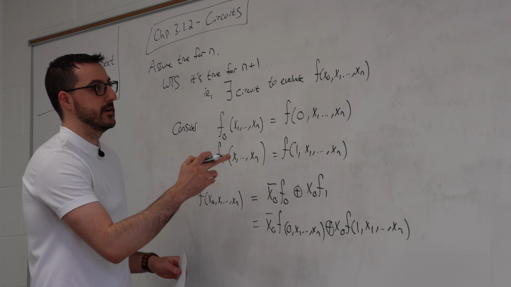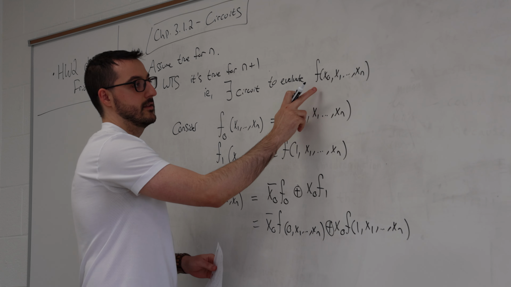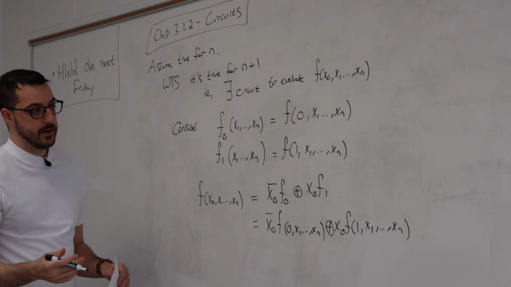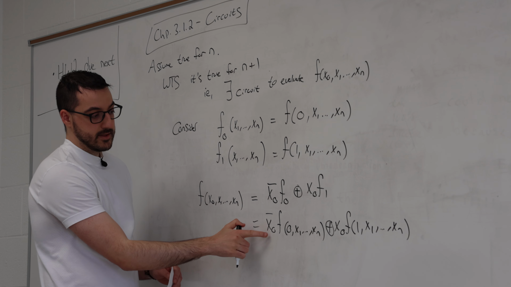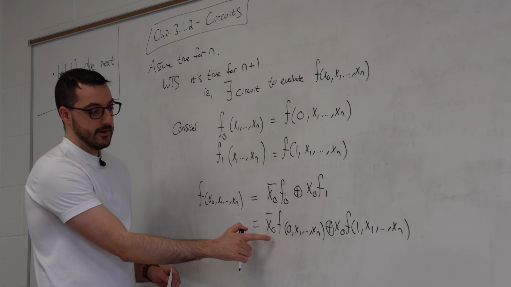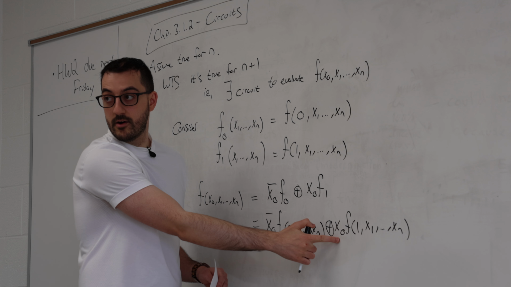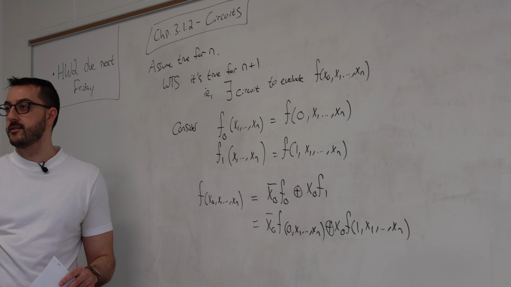I'm saying, I want to evaluate the function f, and I'm assuming that x0 is 0, so this would be substituting this with 0. And now look what happens by pulling out this x0. We said x0 is 0, so its not is going to be 1. So we'll have 1 times this thing, which is what we want, plus x0 is 0, so it's going to be 0 times this thing. And that's what we don't want. Do you see this?